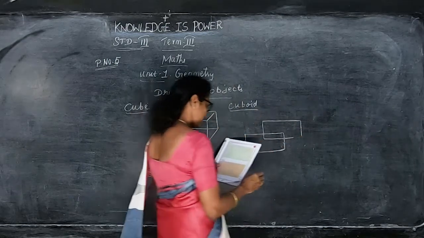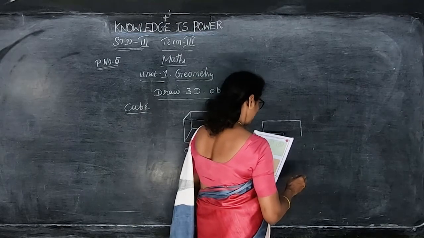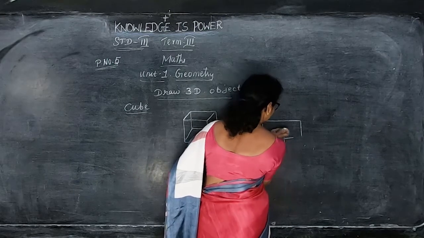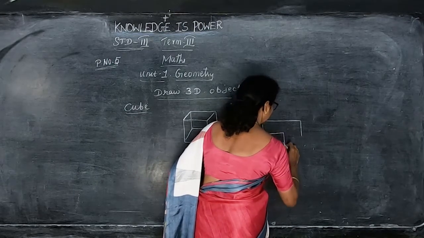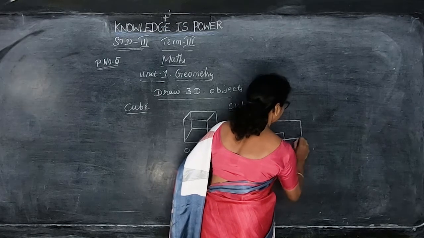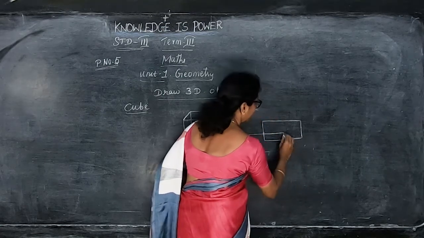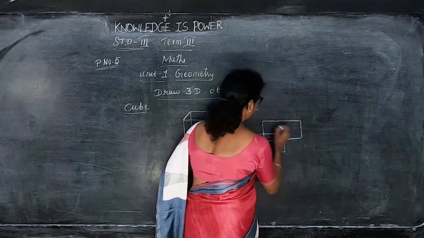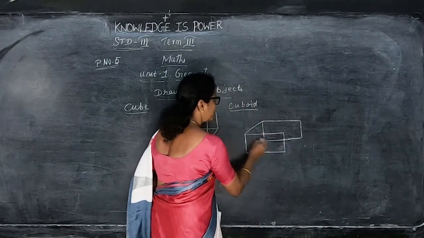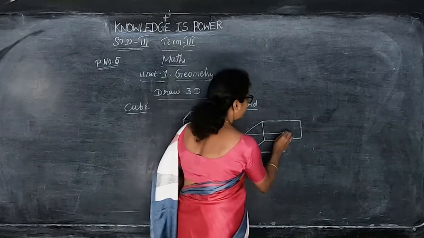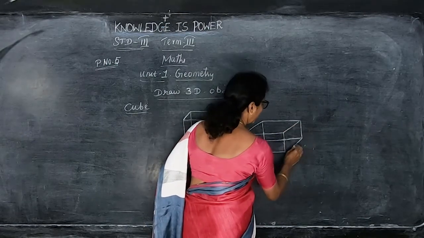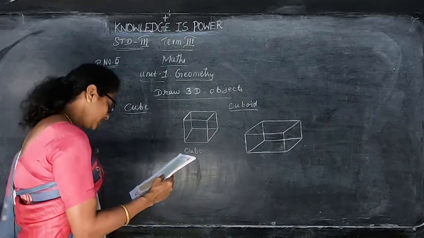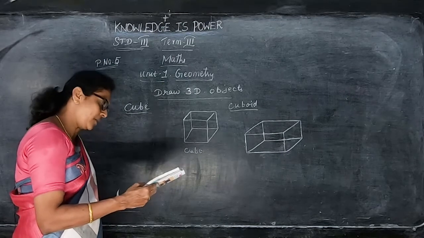From this corner you can draw another one. Then join the lines. Like we joined the lines for the cube, you also join these corners. You will get the cuboid. Okay children. So like this you have to draw the cube and the cuboid.